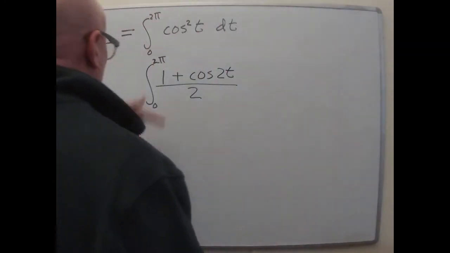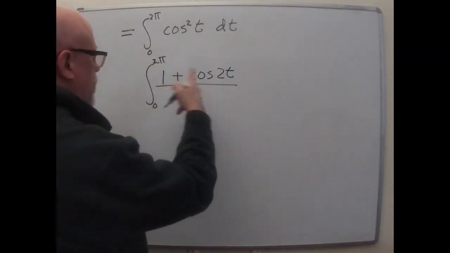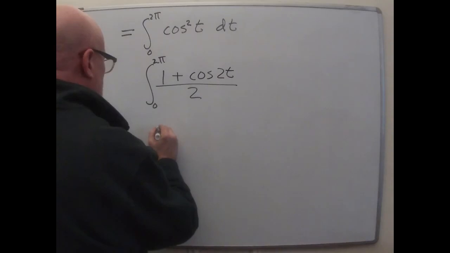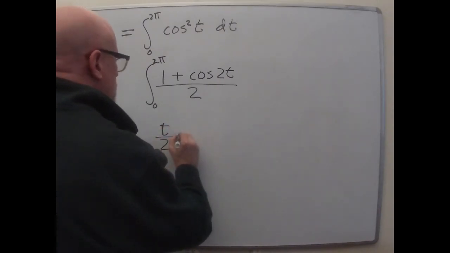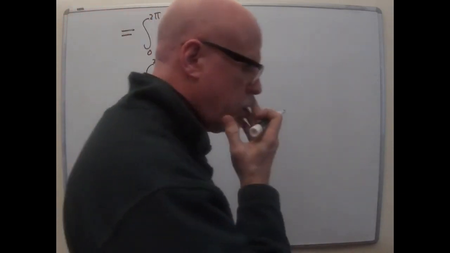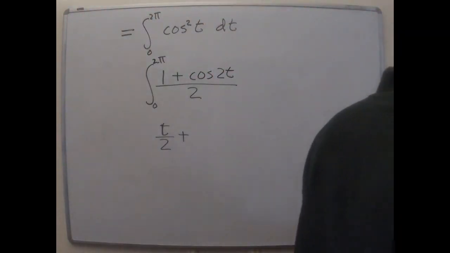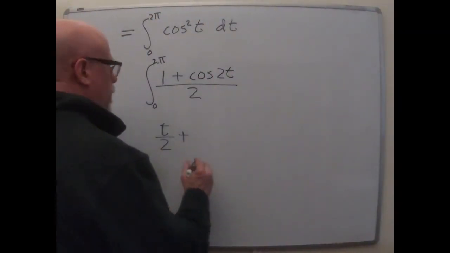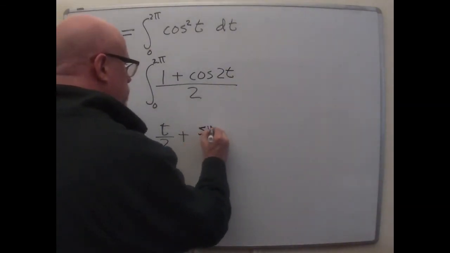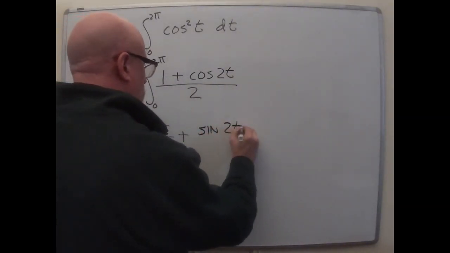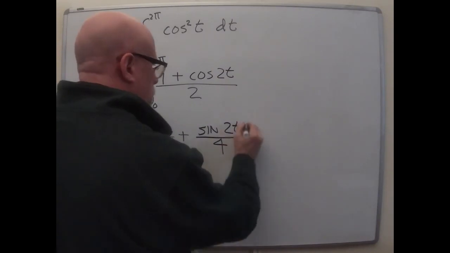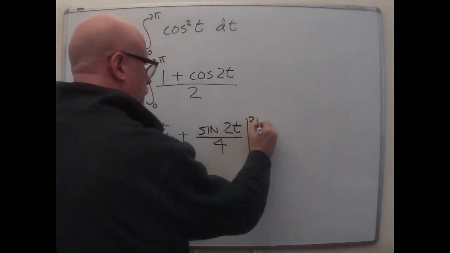So when you actually do the integral here, you end up with t over 2 plus sine of 2t over 4, and that gets evaluated from 0 to 2 pi.